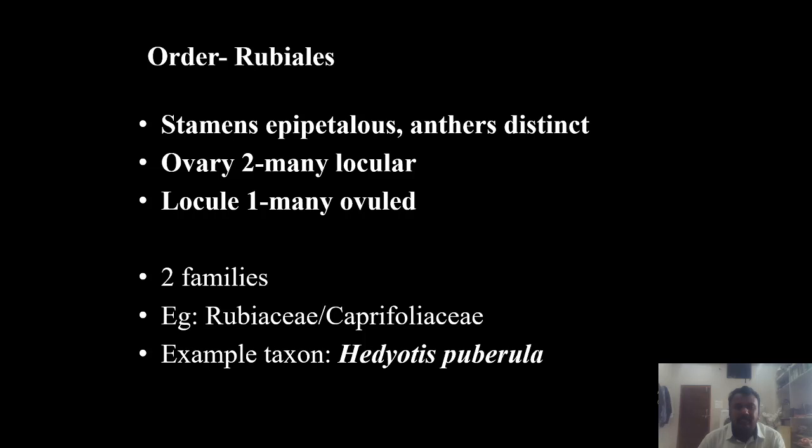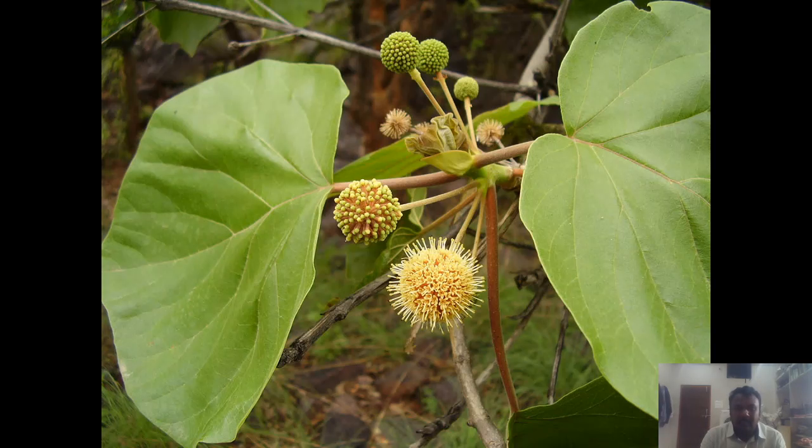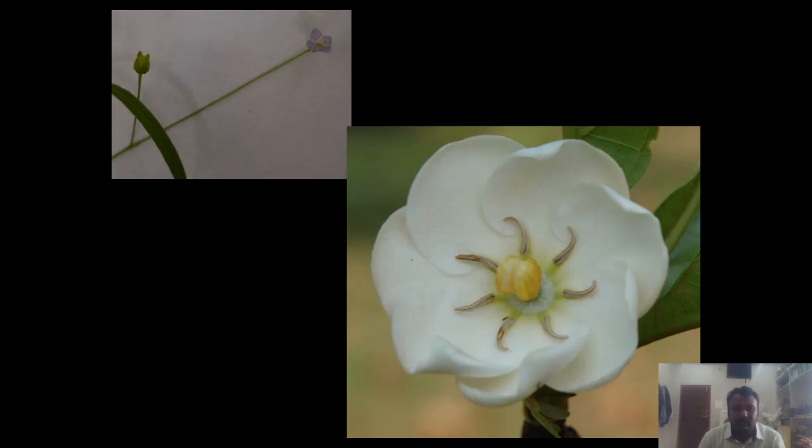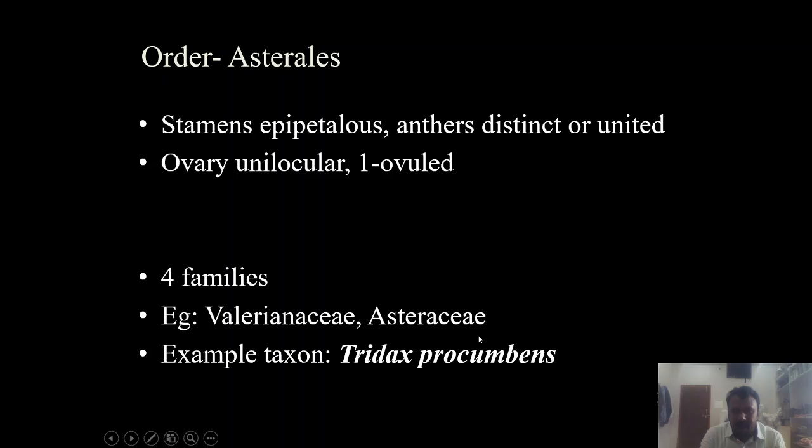One is Rubiaceae and then other one is Caprifoliaceae. Example, Hedyotis pruinosa. You can see here another example for this Rubiaceae member, Aldina cordifolia. This is Hedyotis and this is Tamilnadia uliginosa.